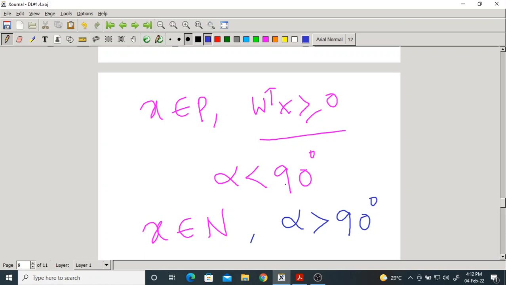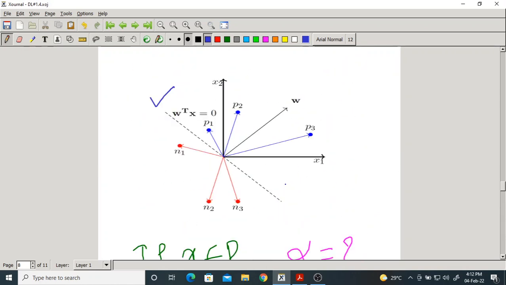This is the logic. Let us see it from the figure. What is the angle between P1, P2, P3 and W? It is less than 90 degrees. You can clearly see this visually.